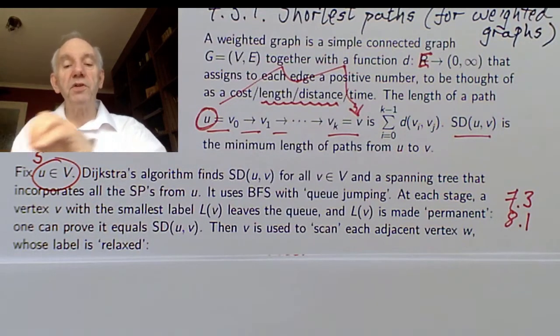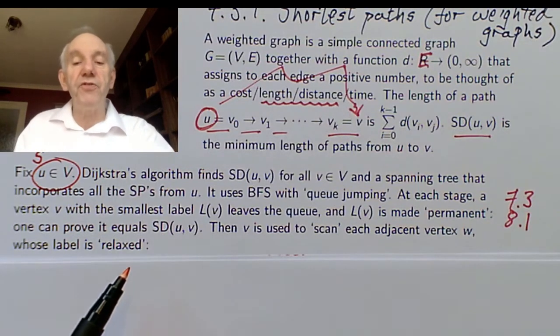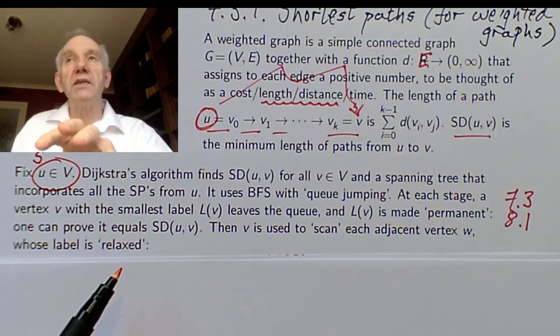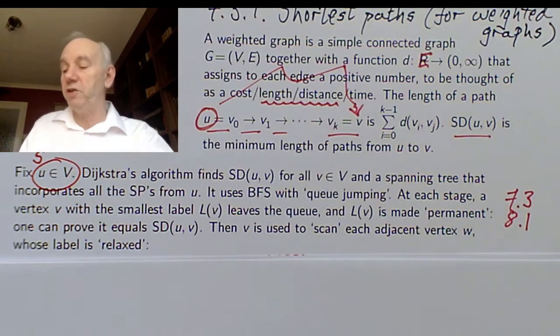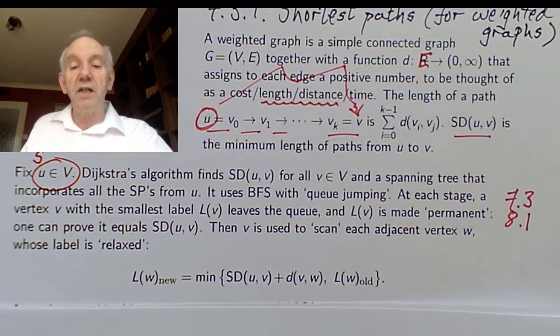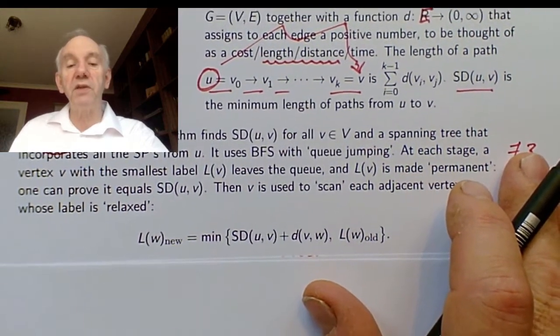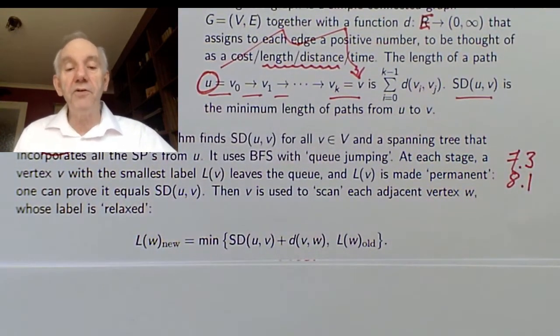So this vertex with the least label is symbolically put on the left-hand side and used to scan the next set of adjacent vertices. And when you do that scanning, you may be able to update the labels if you find a shorter path using that vertex. So here's the key formula. And as I say, I don't expect you necessarily to understand this as it's written now, but I would like you to look at this again when you've seen the method work.